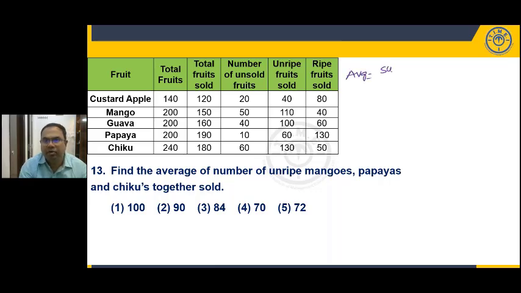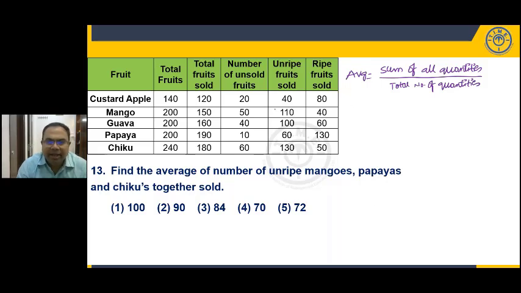Sum of all quantities by total number of quantities. Unripe mangoes, papayas, and chiku. Anybody who will answer the question? Very good. Correct answer. Sampath, Surya, Aishwarya, Lakshmita. Very good, ma. Let us continue.